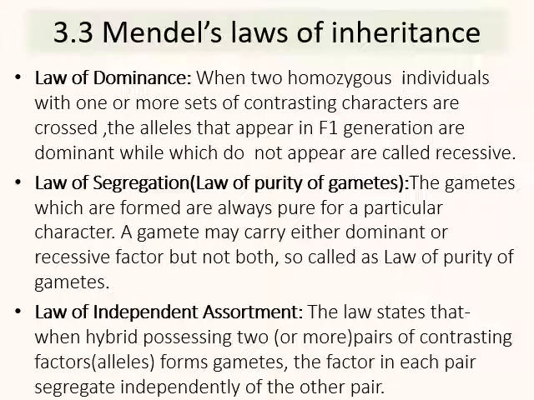The law states that when a hybrid possessing 2 or more pairs of contrasting factors forms gametes, the factor in each pair segregates independently. We had seen 4 different types of gametes were formed, and these different gametes segregate independently of each other. That's why it is also called the law of independent assortment.